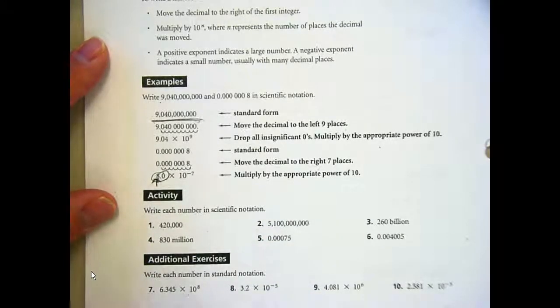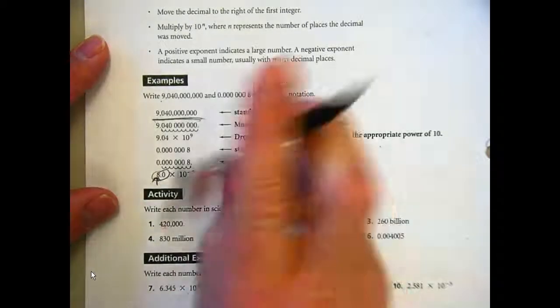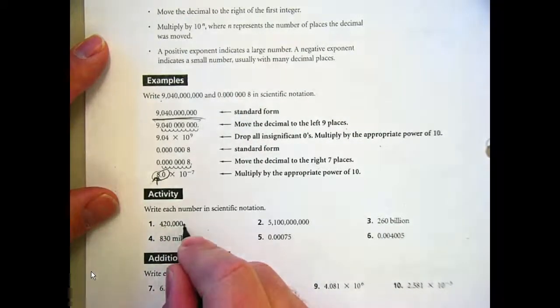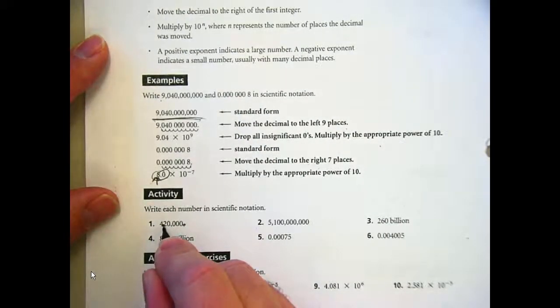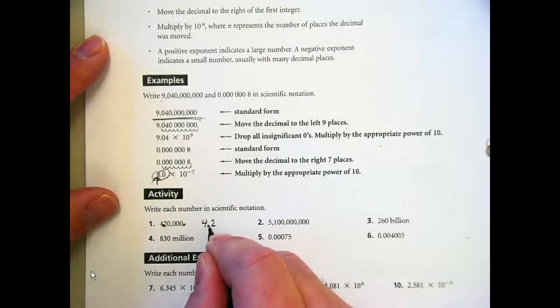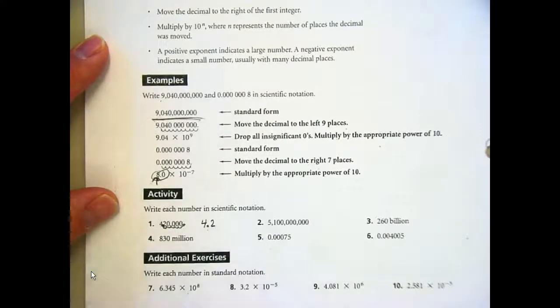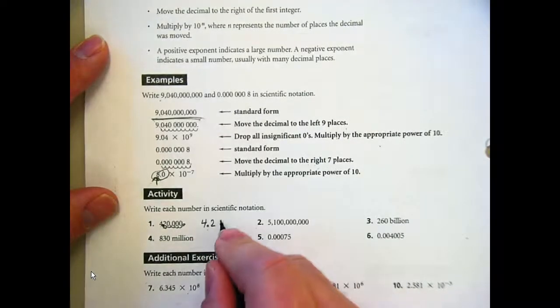Looking at my first real number, it's 4. I want to get my decimal, which is hiding back here, to in between the 4 and the 2. So this should be 4.2. And then we're moving the decimal 1, 2, 3, 4, 5.